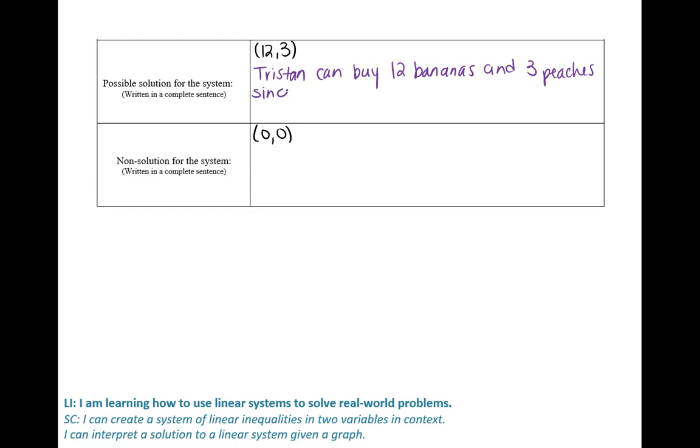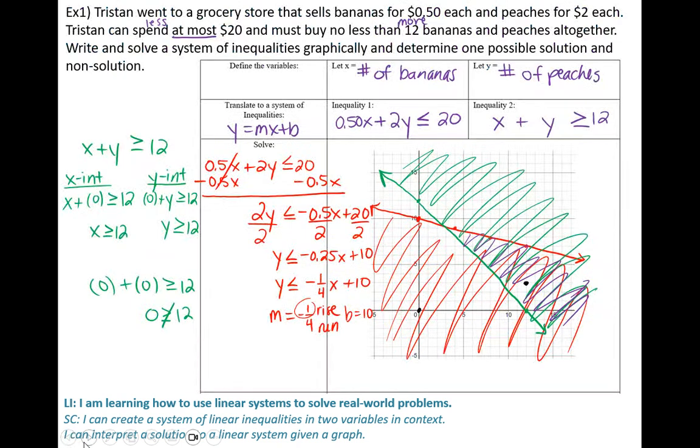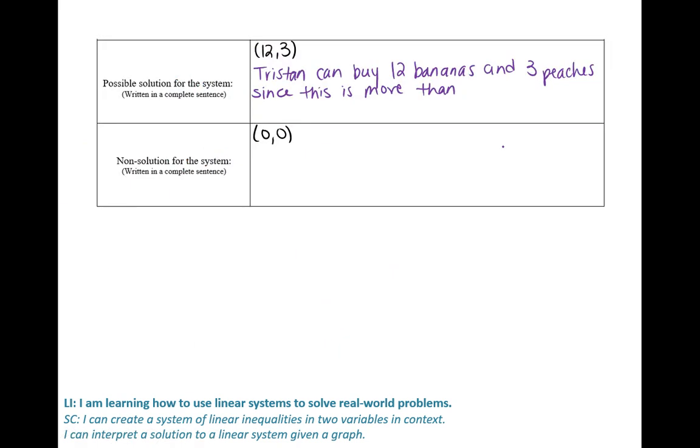Since this is more than, sorry, I forgot the number, I got to look back, more than 12 pieces of fruit.